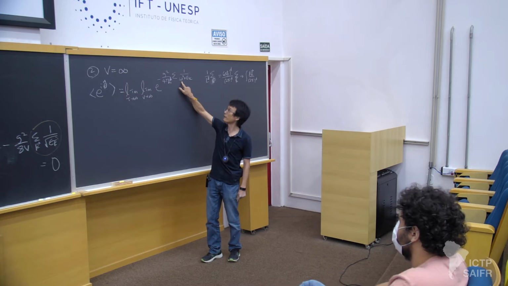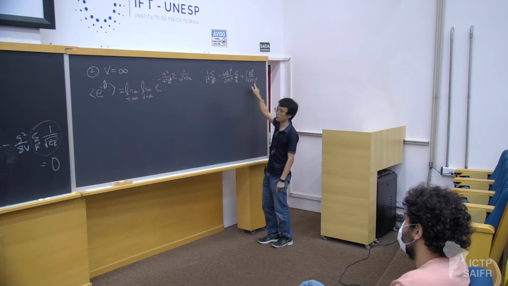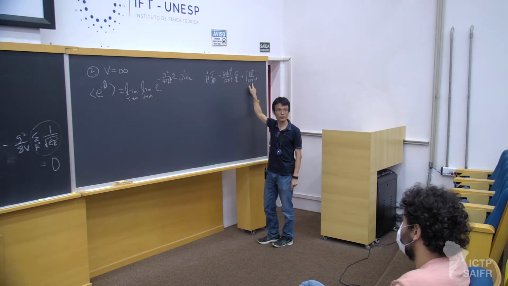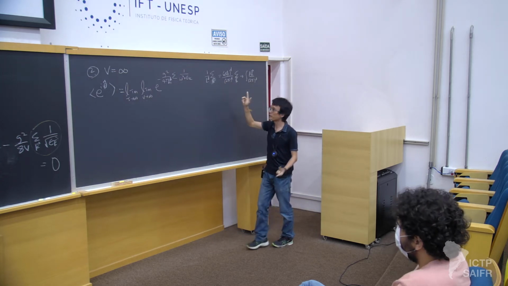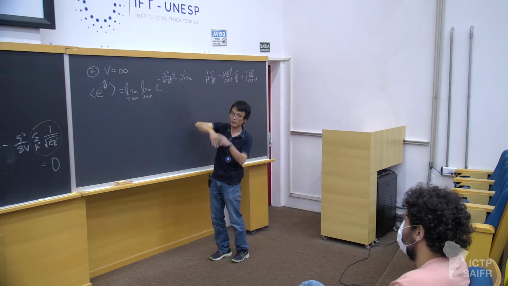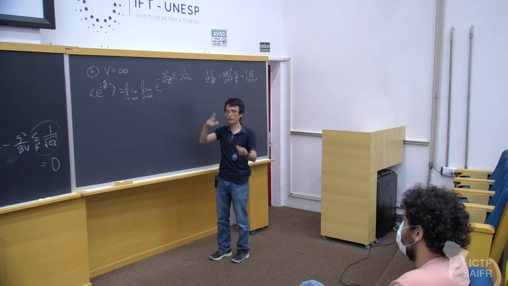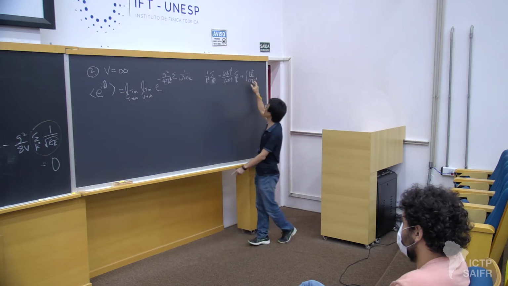Therefore, I can safely turn this sum into integration. Otherwise, if this was not there, at k equals 0 mode, this is infinite, right? So you cannot turn that infinity into this continuous integration.